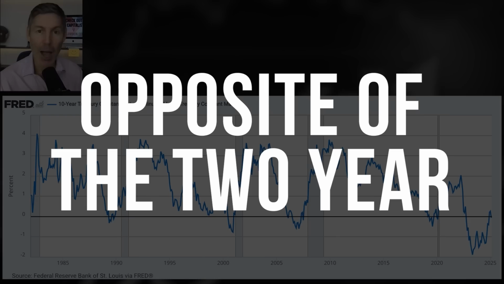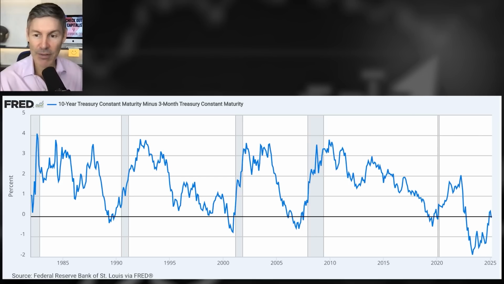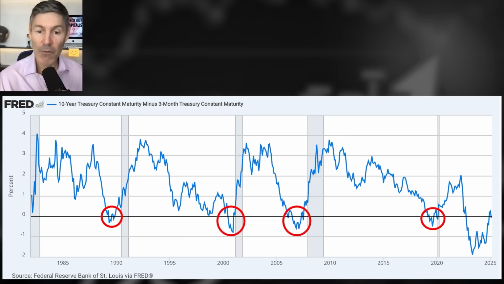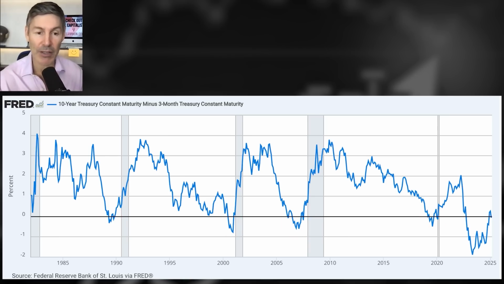So this is kind of the opposite of the 2-year, where it's not uncommon at all. In fact, I would say it's kind of standard operating procedure for this thing to uninvert, then re-invert, and then steepen out for the final time before you have the stuff hitting the fan.